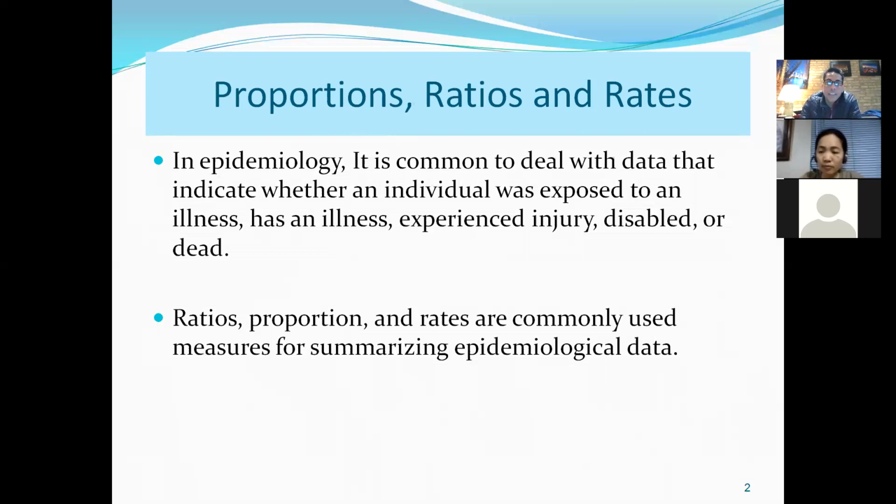So as scientists, as epidemiologists, we all need to be mindful that the ultimate consumer of our report is the public. And so we have to make it easy and understandable to them.